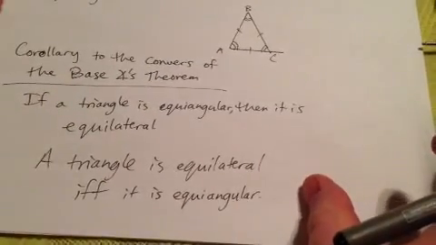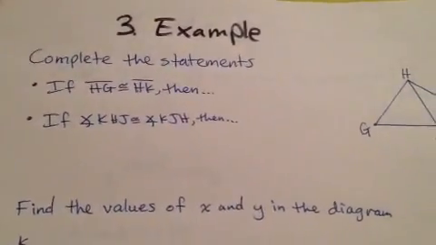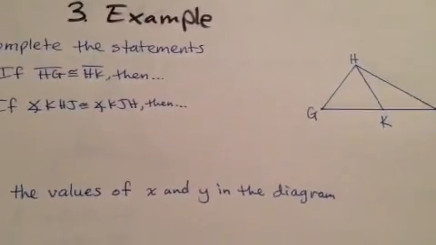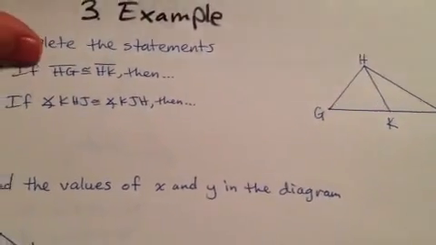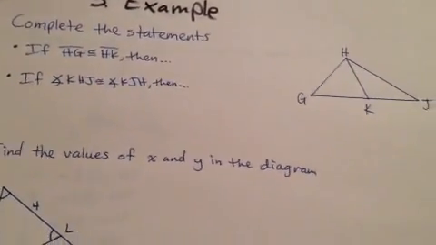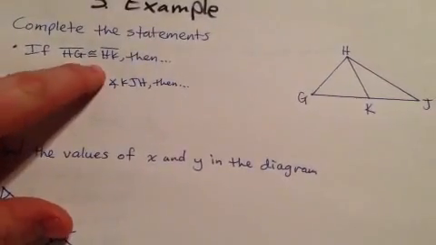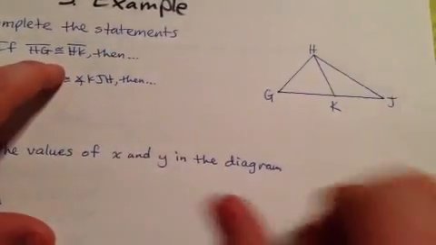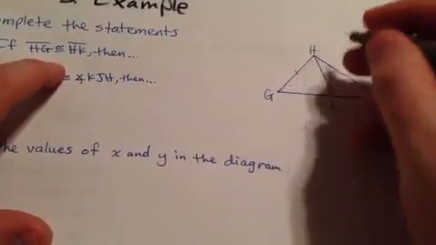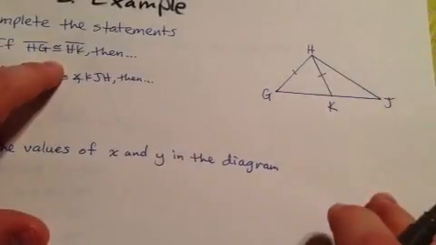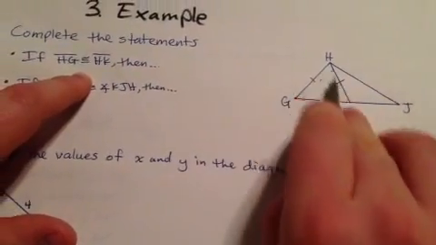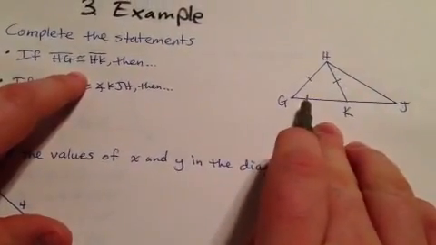Okay, so let's do some example problems. So look at the first one here. It says complete the statements. If HG is congruent to HK, then, so the first thing I notice is HG and HK are congruent. So let's mark that in my diagram. HG is congruent to HK, which means in this triangle I have an isosceles triangle.